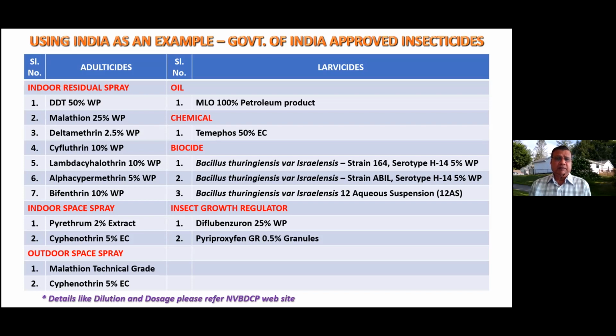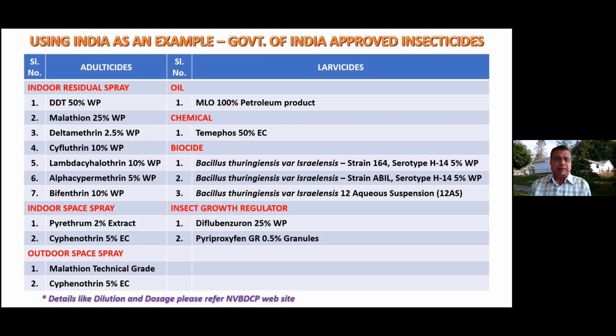These are the various options we have. We still have DDT in some of the states, and of course malathion, and deltamethrin, up to serial number 7. They are all synthetic pyrethroids. In Tamil Nadu, we now use alpha-cypermethrin.